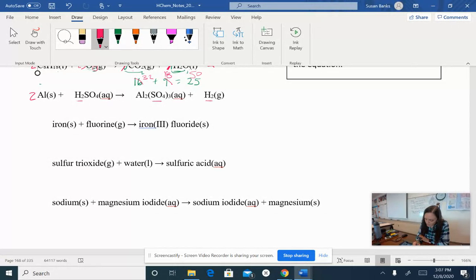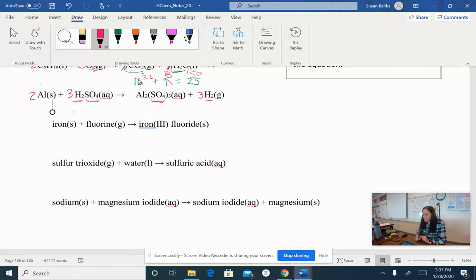Ooh, I've got my sulfate group. I've got one sulfate group, and here I've got 3. So I need to multiply my sulfuric acid by 3 to get enough sulfate groups. 3 times 2 now gives me 6 hydrogens, so I need to go back and put a 3 in front of my hydrogens. Okay, how did you do with that one?